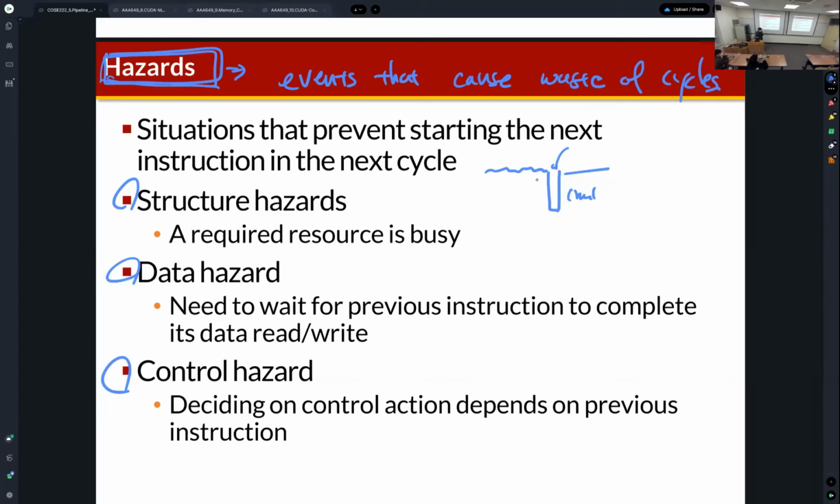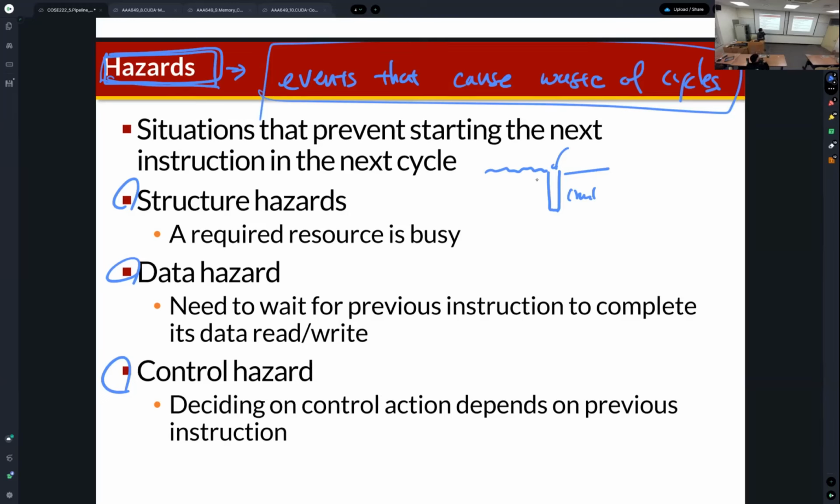In this case, the clock cycles are wasted, and this event is called a hazard. So just remember the definition of hazard: if the clock cycles are wasted in a processor, then these events are called hazards.